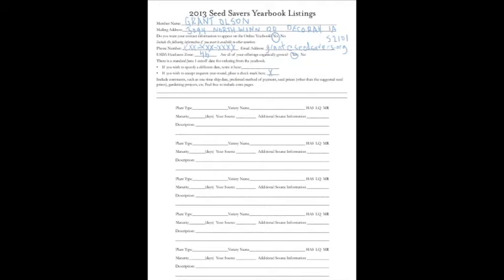And then this comment section here, this is published in the online yearbook and the print yearbook. This is your chance to talk a little bit about your growing conditions, your particular gardening practices, or if you're particularly interested in starting a gardening project or a seed saving project.